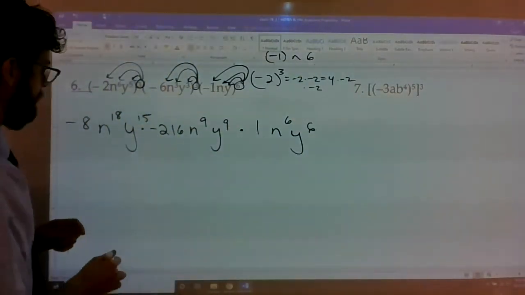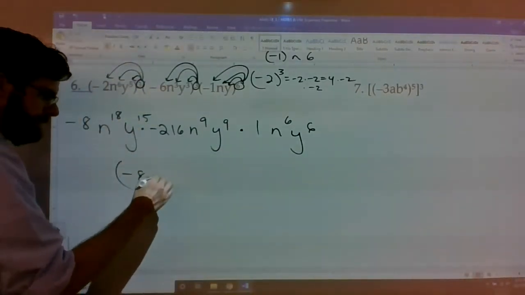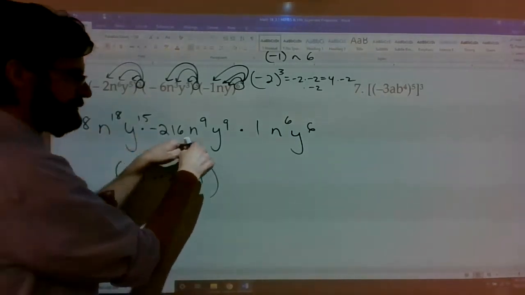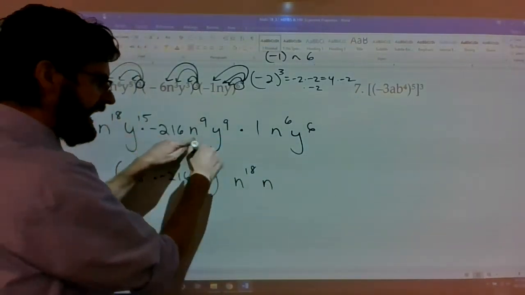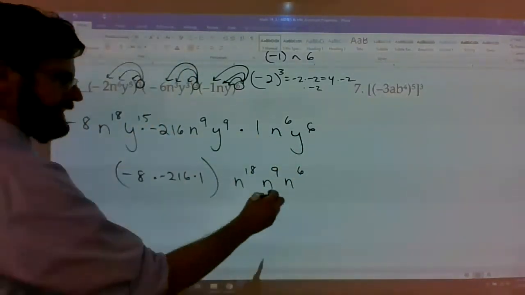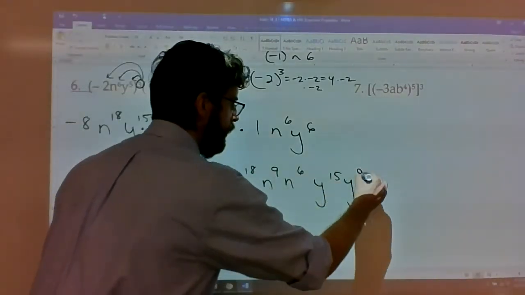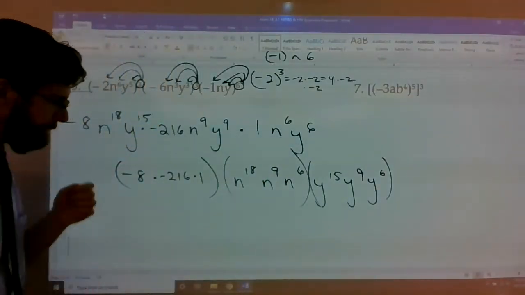All right, regroup them. Negative 8, negative 216, and 1 come together. The n's come together: n to the 18, n to the 9, n to the 6. The y's come together: y to the 15, y to the 9, y to the 6. Sometimes grouping them like this is helpful.